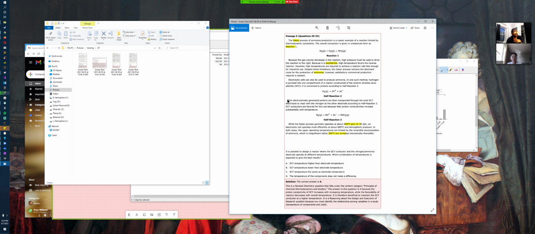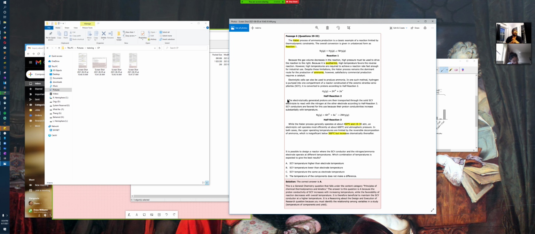Haber process, exothermic. High temperature favors reverse. However, high temperatures are required to achieve a reaction rate fast enough for industrial use. Despite these limitations, they need a catalyst.